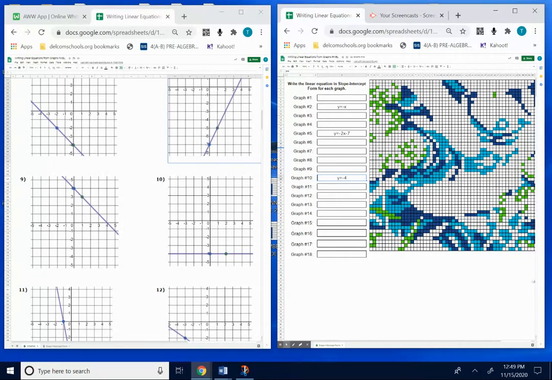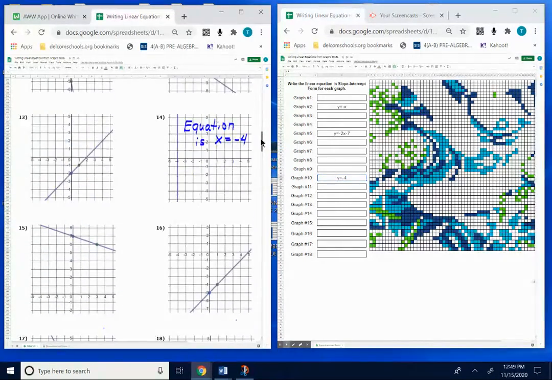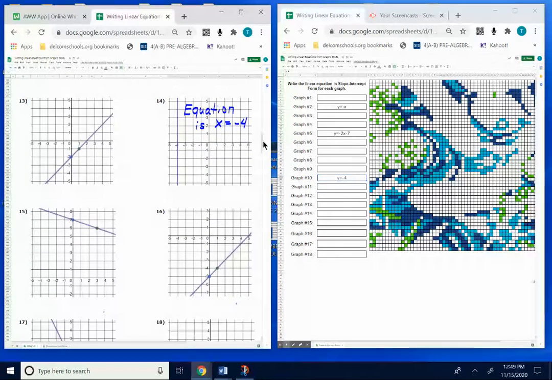Okay, so you're getting more and more of the picture. And actually, the puzzle that I originally had for you, I already wrote down what the answer to number 14 is, because that's the type of line you also don't have to worry about as a 7th grader. Okay, but it was there, and I couldn't make it work without just leaving the answer there. So 14, type in x equals negative 4, and push enter.